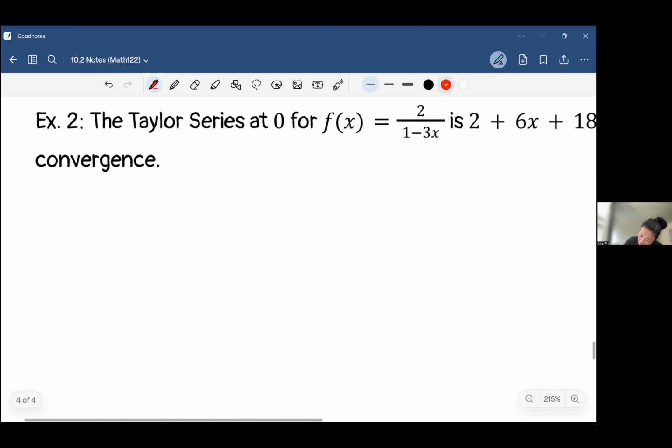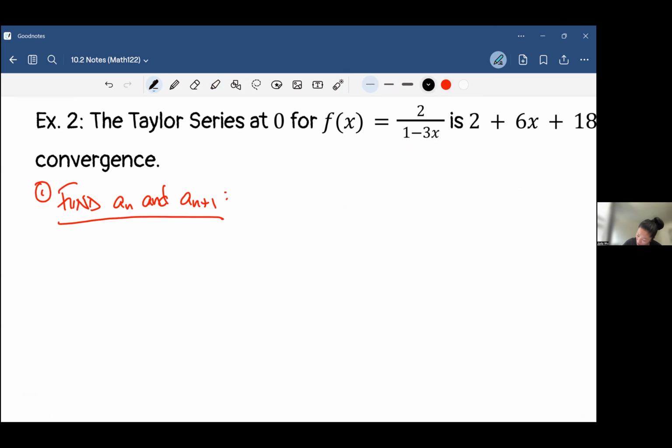Let's go ahead and find our a sub n and our a sub n plus 1. a sub n should be pretty straightforward. We just grab that right from what the equation says, and it is 2 times 3 to the n.